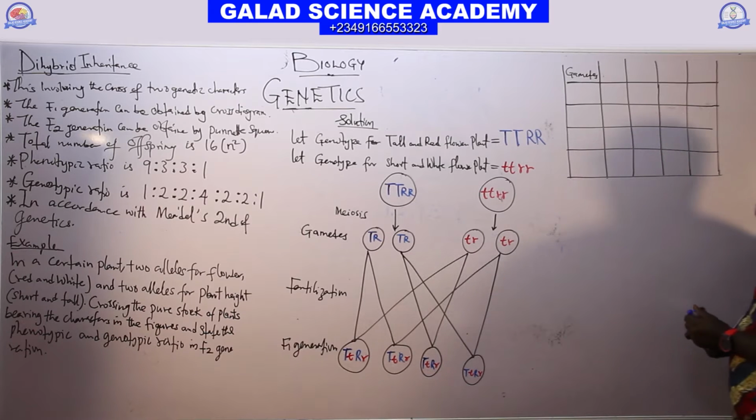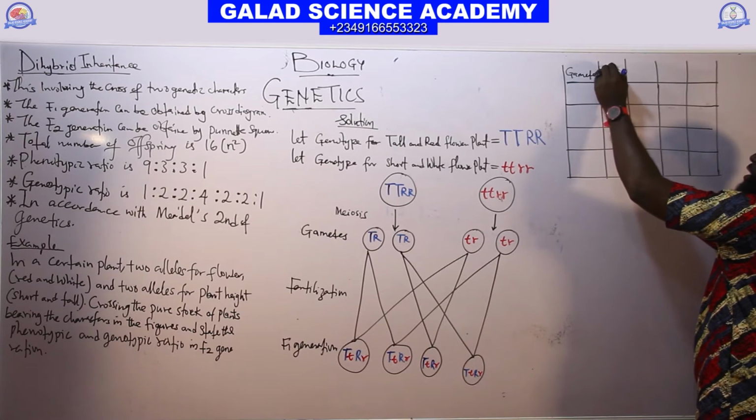The first one we can have is T, capital R.